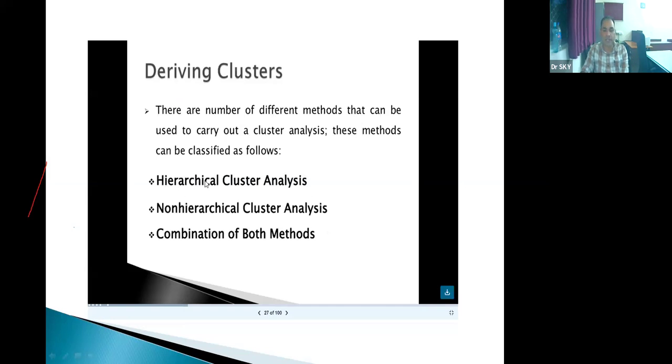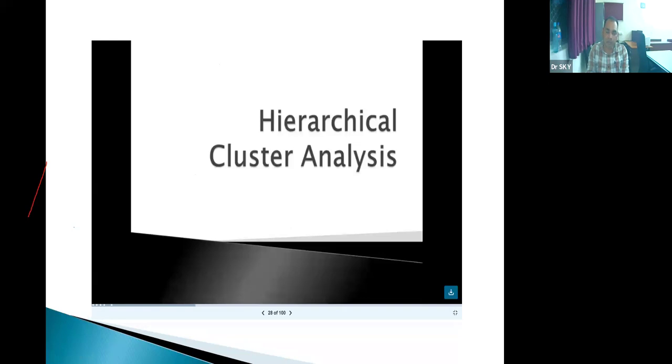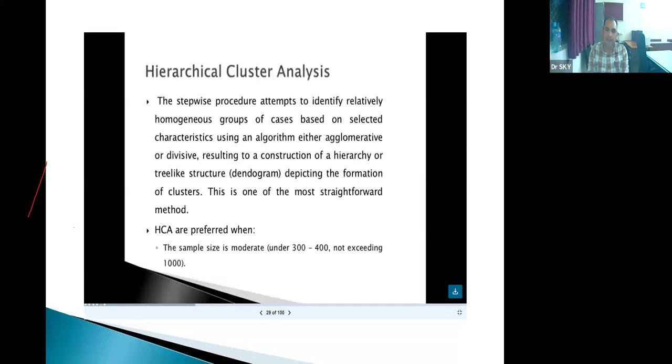The first one is hierarchical cluster analysis, another one is non-hierarchical cluster analysis, and if we combine the two, then we get the third one, that is the combination of the two methods. Now we come to hierarchical cluster analysis. How does hierarchical cluster analysis work?